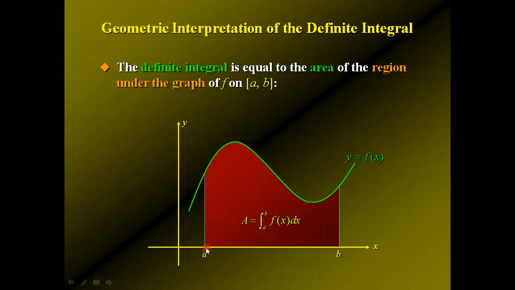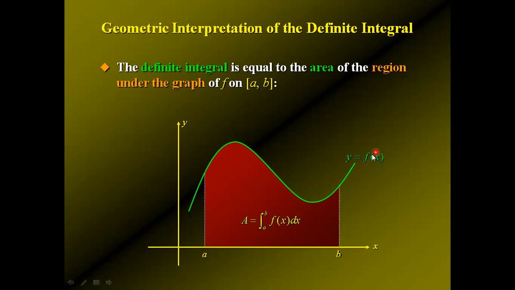If we integrate the function y equals f of x from a to b, then we get this total area. Between this interval, we can find this red area.